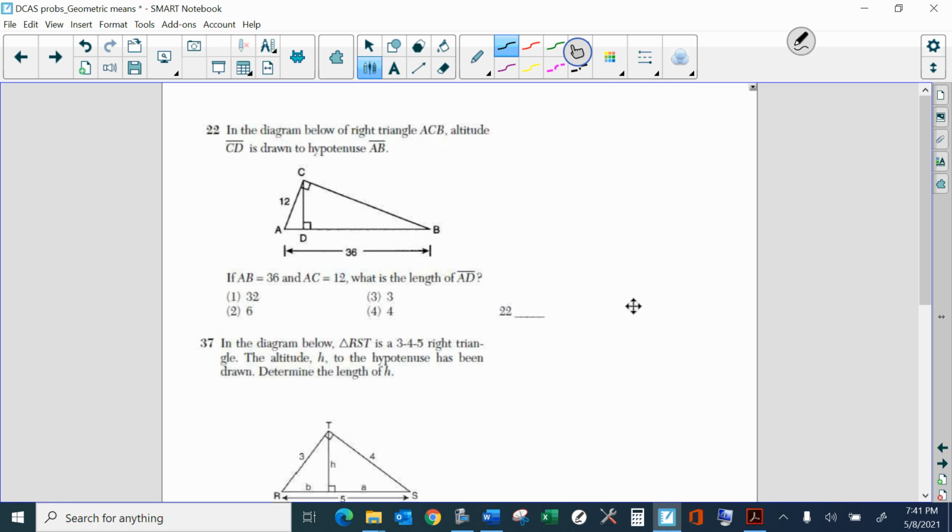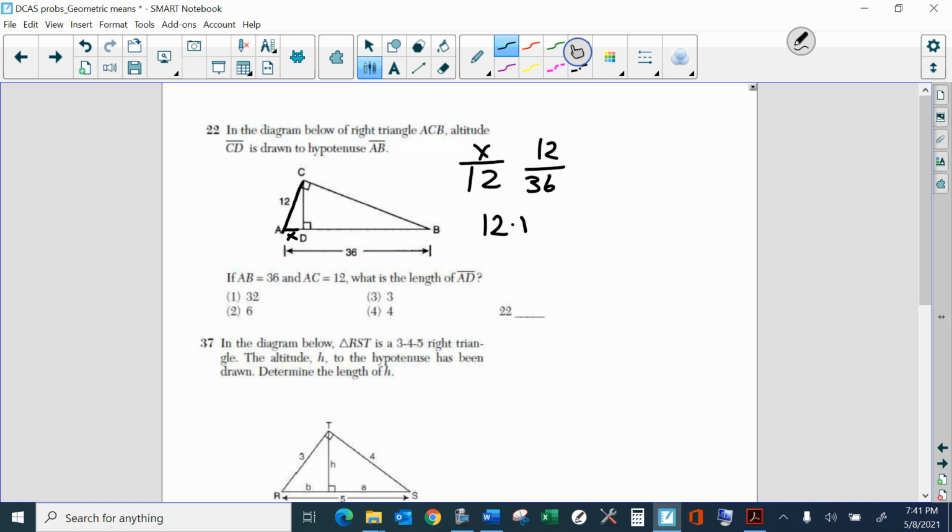In the diagram below, right triangle SCV, altitude again right there. If AB is 36, AC is 12, what's the length of AD? Call it X. Remember the 2 that touch right there are the X and the 36. So we have 12 and 12 for the means, and the extremes are going to be X and 36.